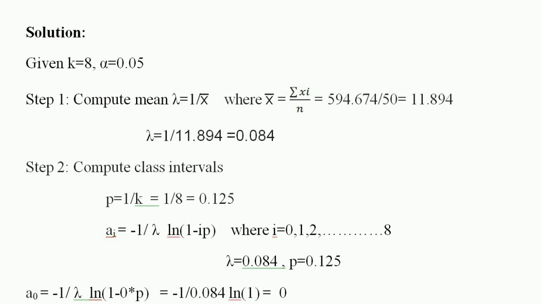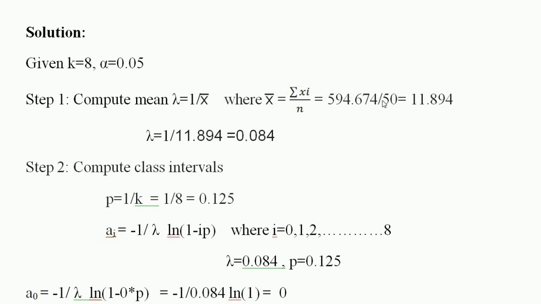And here is the solution. Given k equal to 8, that is the interval, and the alpha value is 0.05. Now what is step 1? We have to compute the mean value. So here I am going to compute the mean value, that is lambda equal to 1 divided by x bar, where x bar equal to summation of xi divided by n.